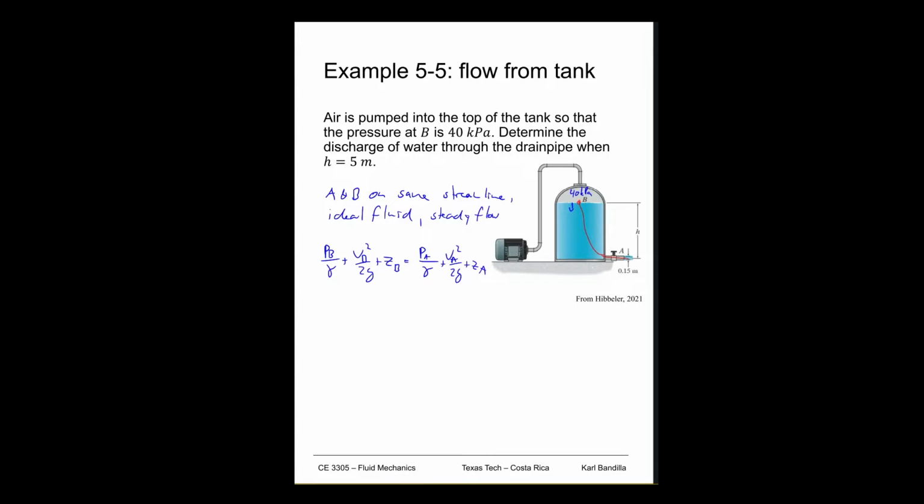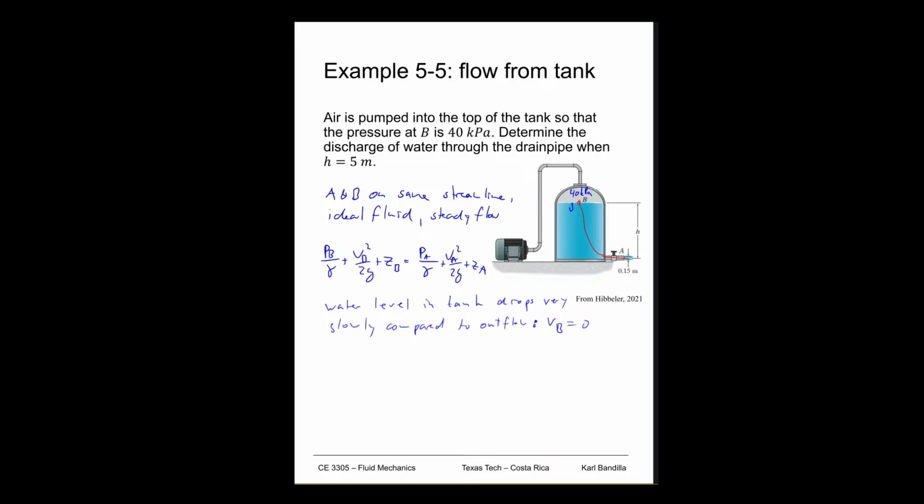We can say the water level in the tank drops very slowly compared to the outflow, which means we can say VB is equal to 0. All right, so we have VB.